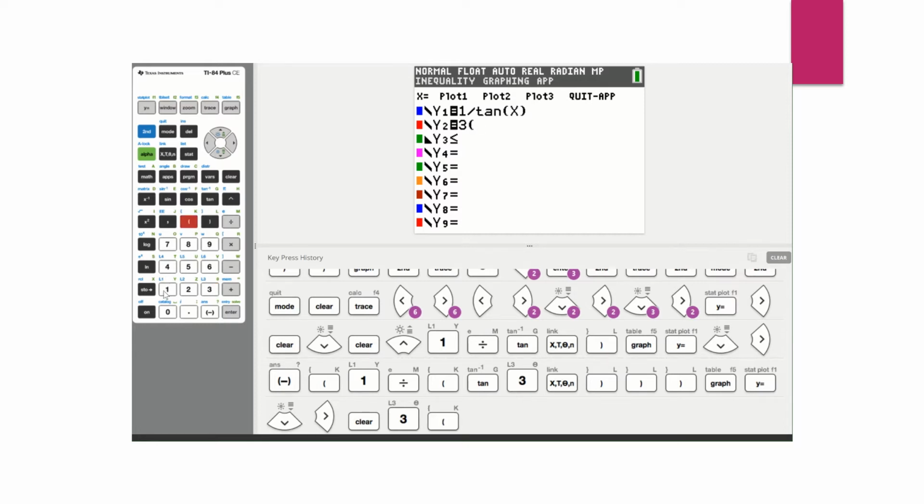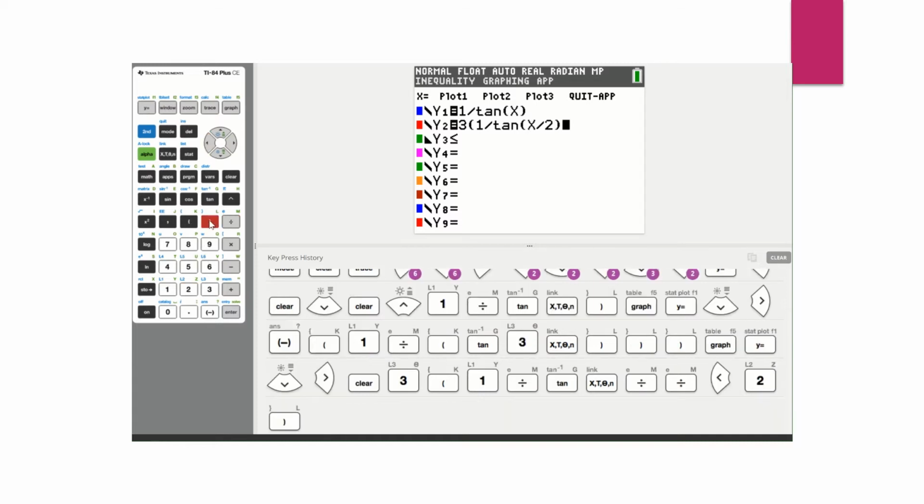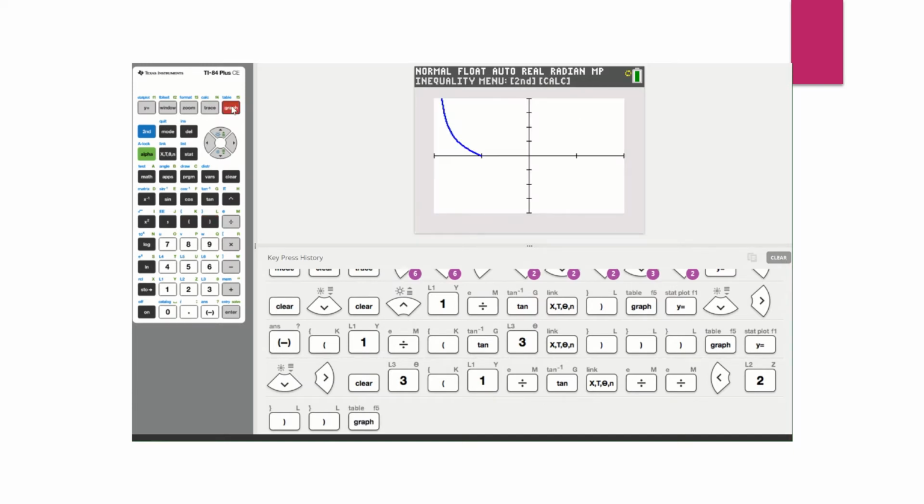So I'm going to put a parentheses, 1 divided by the tangent of x over 2. Oh, went too many. Let's close that parentheses. We're going to double close it. And let's see what happens to our graph. There comes my first one.